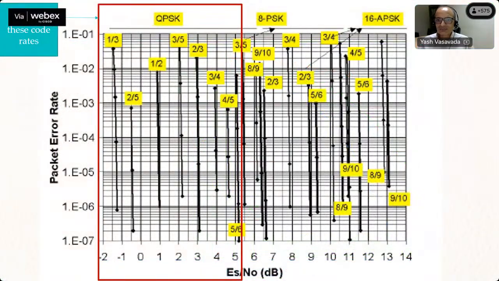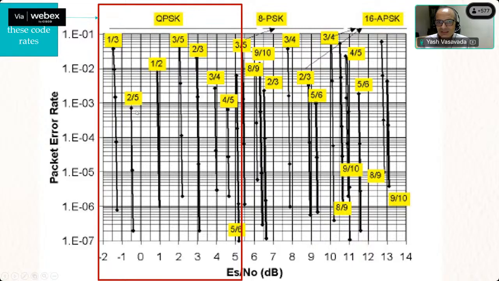This type of cliff in terms of packet error rate or bit error rate or message error rate or block error rate as a function of SNR has been obtained for wide varieties of different modulation schemes, QPSK, 8 PSK, 16 PSK. We don't know what they mean right now, but just take my word for it that there are different digital modulation schemes, as well as for different coding rates.